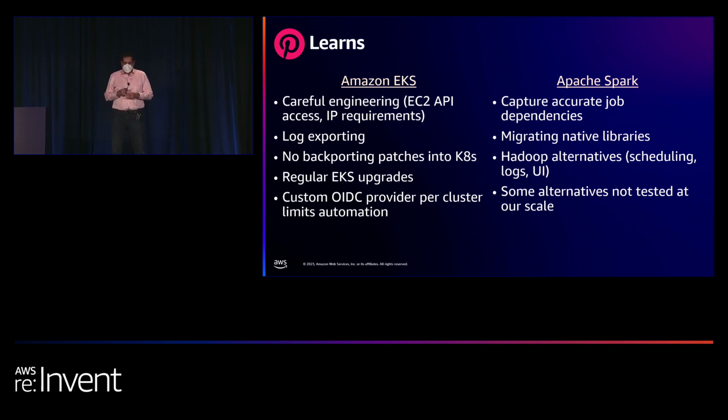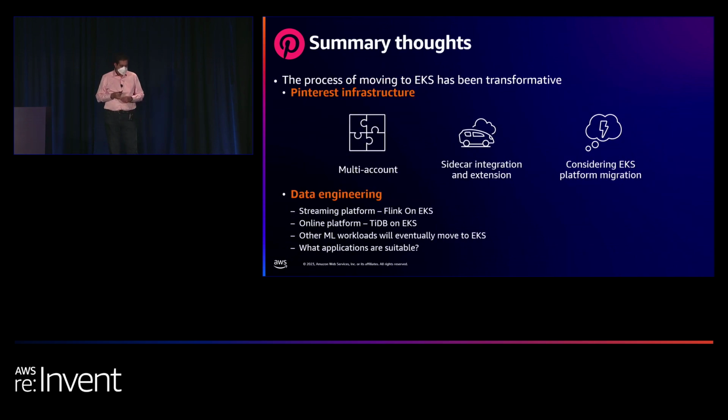And then because of the scale at which we operate, some of these alternatives that we found are rough around the edges and means that we have to do that much work into them to make sure that they operate at the scales that we are accustomed to. So overall, and I don't use this term lightly, I would say that moving to EKS is something that is transformative for Pinterest data engineering, and also, I would say, for infrastructure.